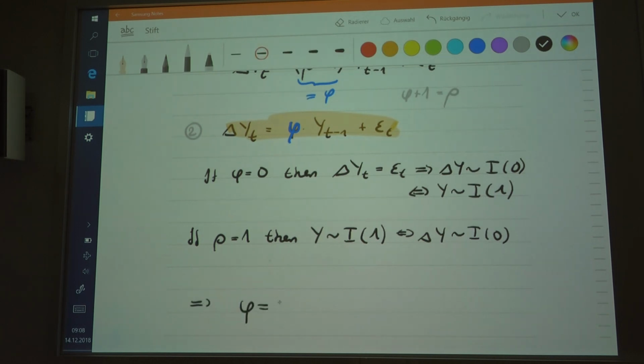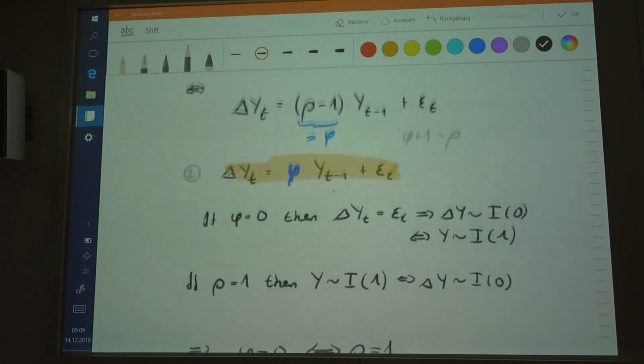If phi is equal to 0, then rho is equal to 1, and if rho is equal to 1, then phi is equal to 0. So these two statements are, of course, equivalent. One implies the other. But I'm looking at both cases separately, so you have two versions, and you can choose whether you like this one or this one.